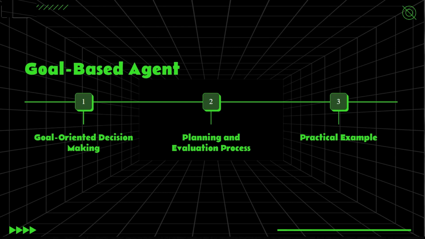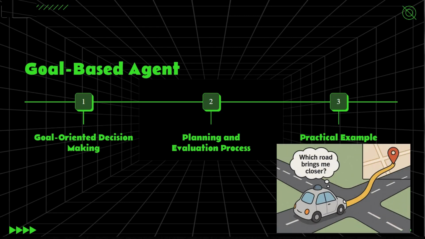Take an example of a self-driving car. Its goal here is to reach a destination, but at each intersection it thinks, should I go left, should I go right, should I go straight? But it's gonna eventually end up picking the path that brings it closer to the goal.